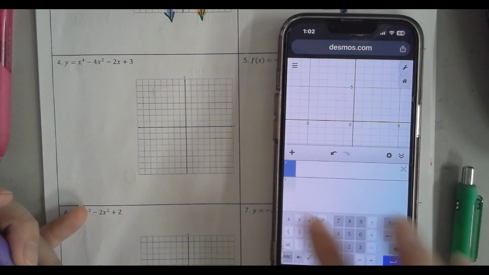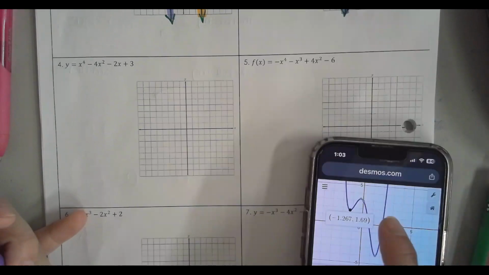Number 4. X to the 4th minus squared minus 2x plus 3.